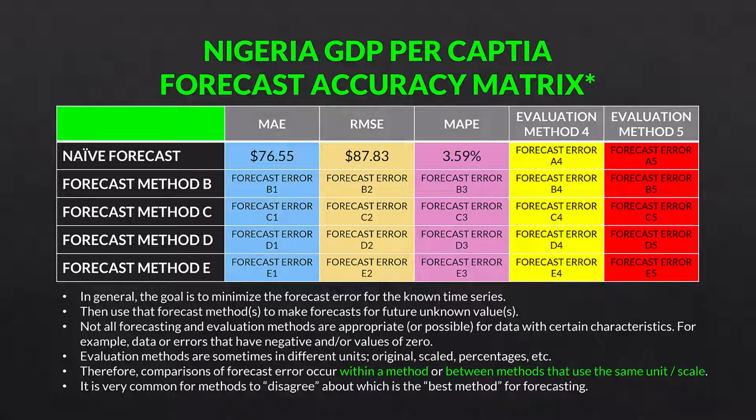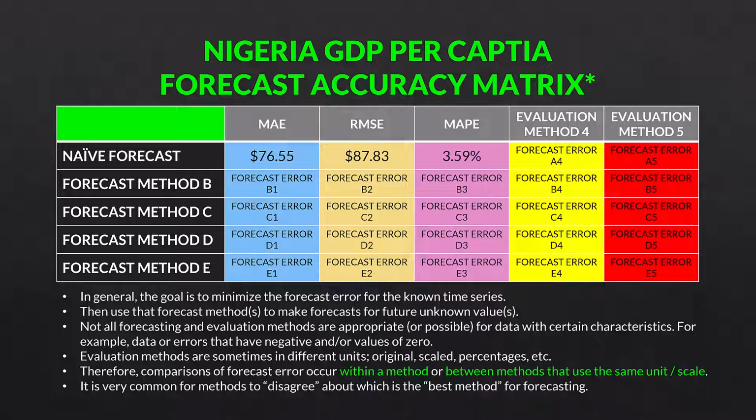Evaluation methods are sometimes in different units: original units, like we see in the MAE and RMSE up here, scaled, percentages, and so on. This is a percentage. We can compare across different methods using percentages. Therefore, comparisons of forecast error occur within a method or between methods that use the same unit or scale.